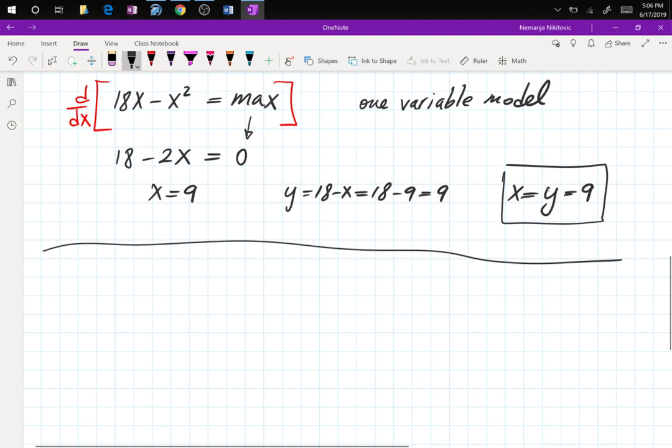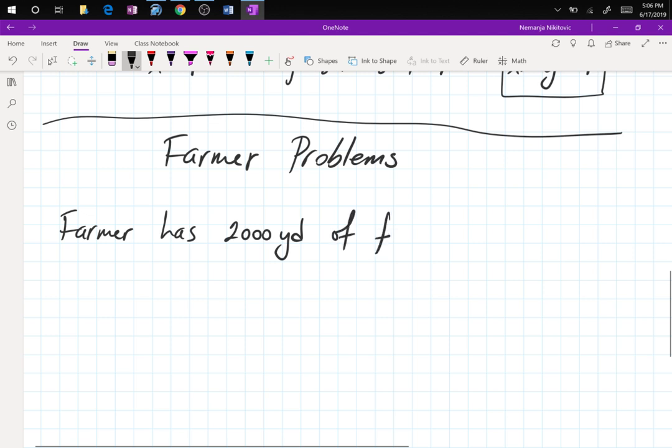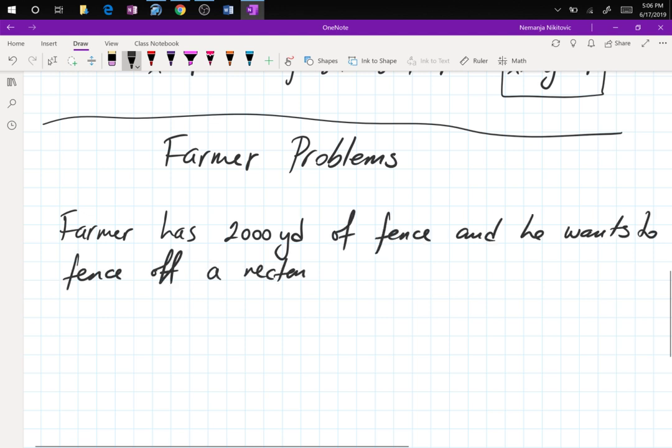How about some farmer problems? So let's take a look at the challenge where a farmer has, let's say, 2,000 yards of fence, and wants a rectangular plot of maximum area.